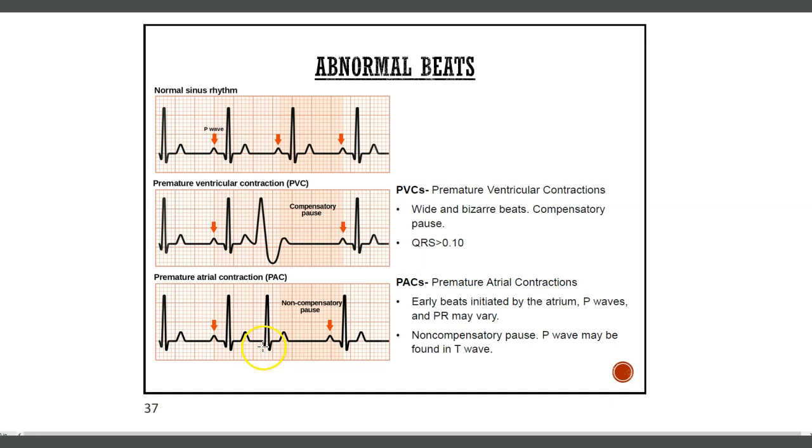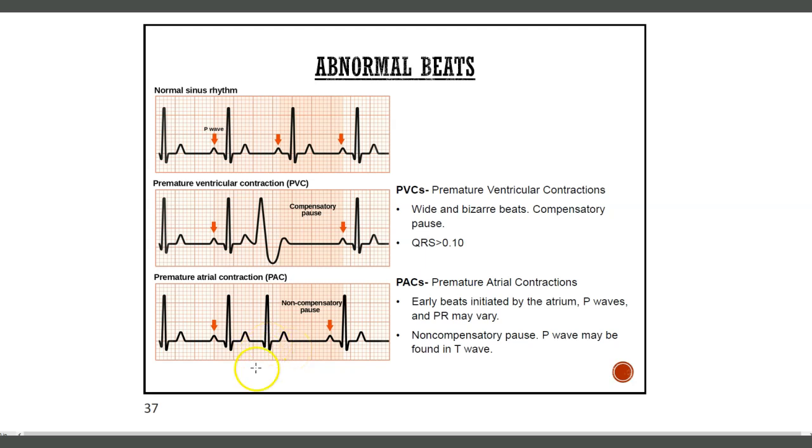Sometimes it doesn't have a P wave. It is narrow in comparison to the PVC, right? But if you look at the full rhythm, it's just so random. It doesn't belong there. In addition to that, typically PACs contain a non-compensatory pause, and the P wave may be found in the T wave. That's why you can't see it. So again, the P wave may be absent.